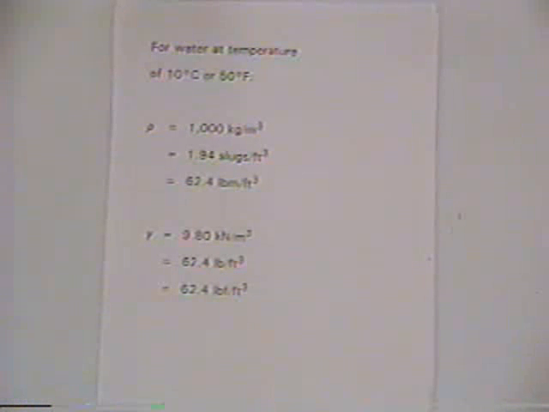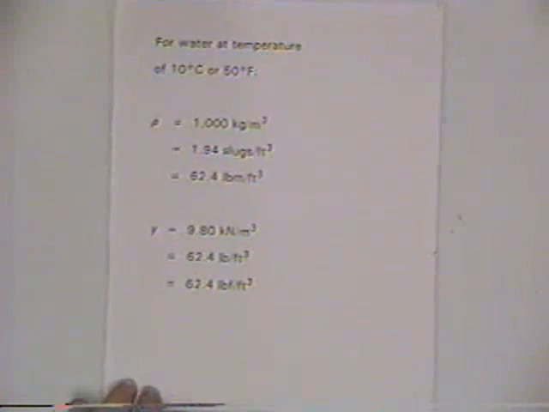Then the density and the specific weight are still a function of temperature. For typical applications, if we use 10 degrees centigrade or 50 degrees Fahrenheit, the density of water would be 1,000 kilograms per cubic meter, or 1.94 slugs per cubic foot, or 62.4 pounds mass per cubic foot. And specific weight are the numbers indicated here.